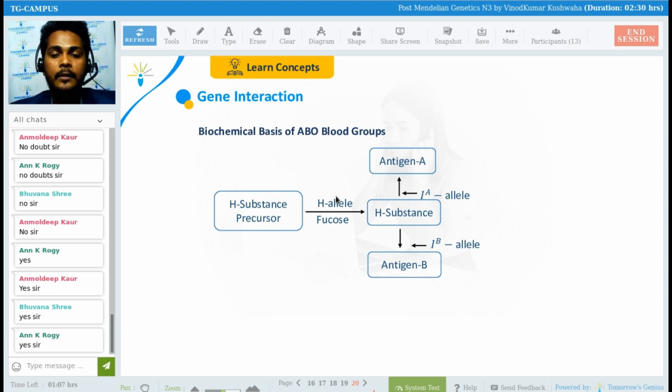Okay, now another one. This is also part of the same topic, but with a little difference. As you can see here, almost all individuals possess H substance. What is this H substance?